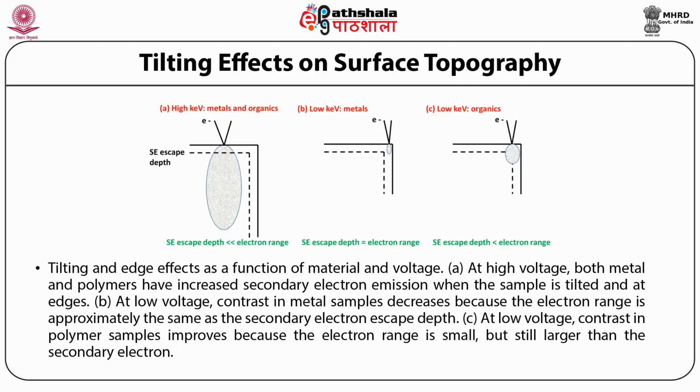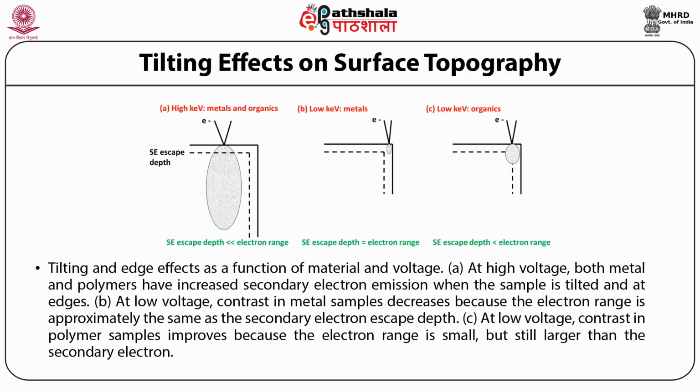The result is a loss of contrast because the electron range is within the secondary electron escape depth at every place on the sample. Therefore, tilting changes neither the secondary electron coefficient nor the image contrast. A schematic of this effect is shown in figure 4b.